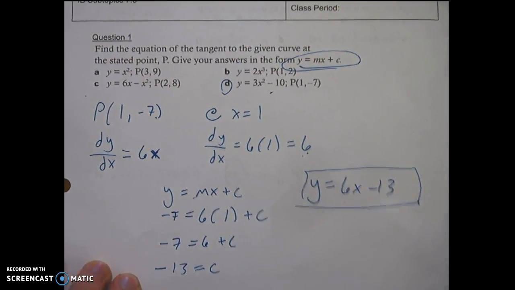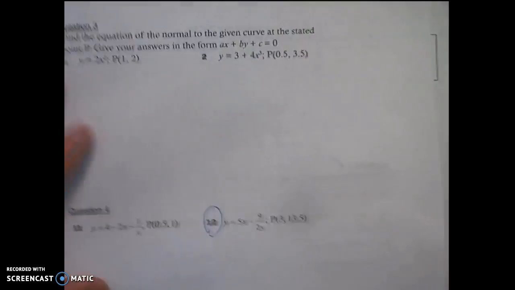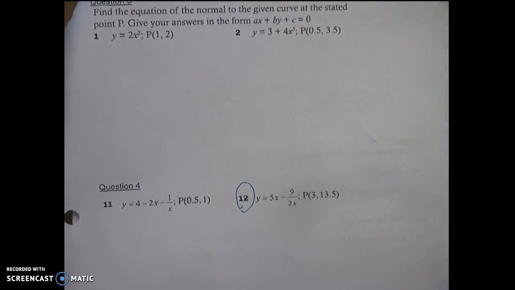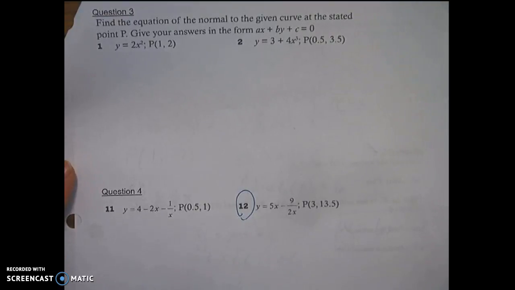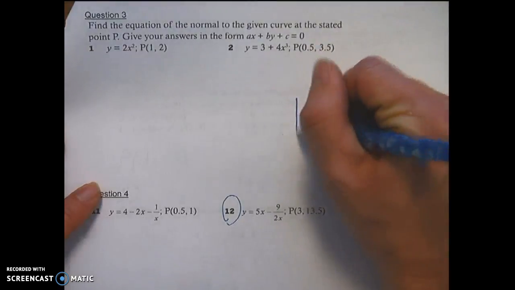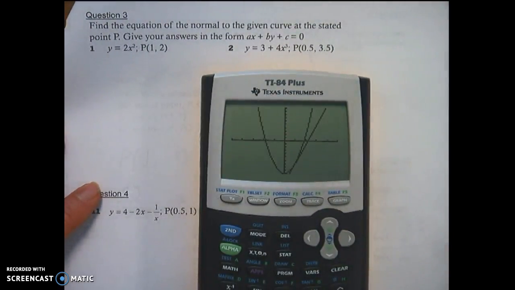Talk about tangents and normals. So let me show you one about normals here. The process for finding the normal is exactly the same as a tangent, except now we are going to use the perpendicular gradient. So if I could draw you a rough picture, actually I could just use this one I've already got here.